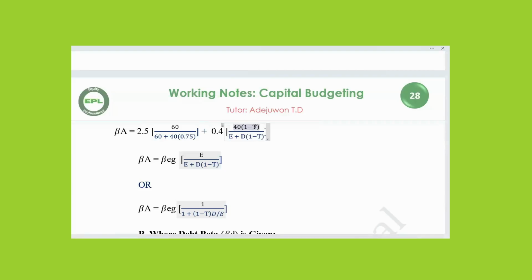Debt value is 40%, 1 minus tax rate, that's 0.75. Then equity value is 60 plus debt value 40, 1 minus tax, 0.75. Give me from the left. What do you have there? 1.60.